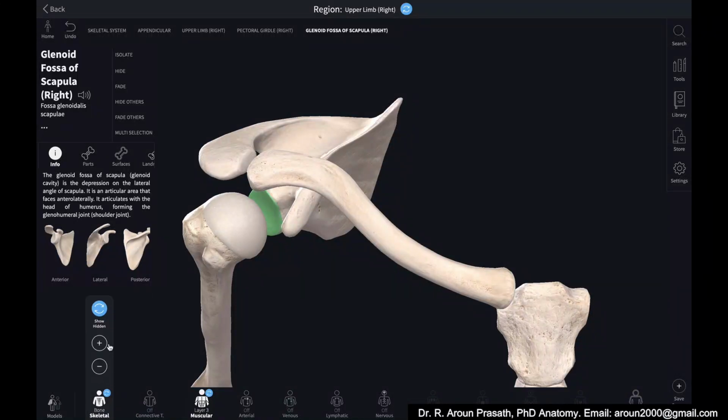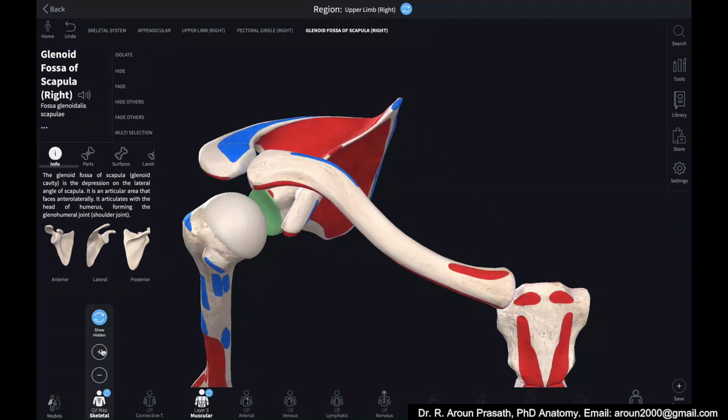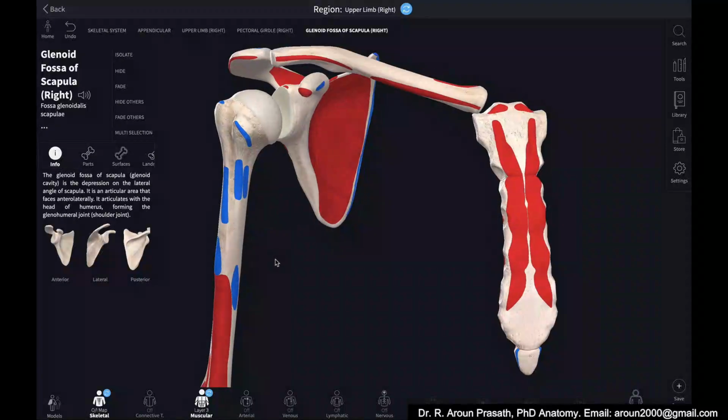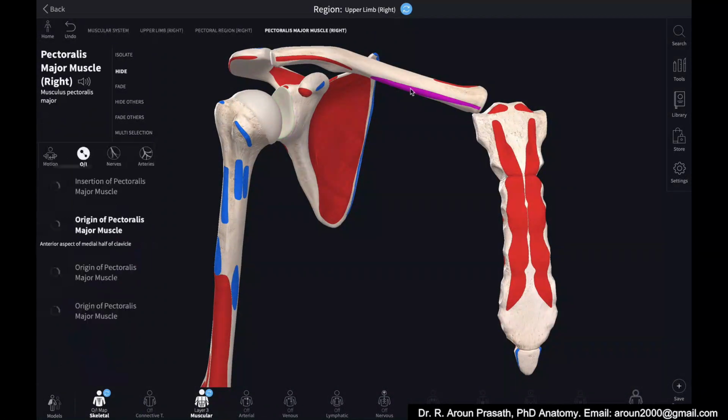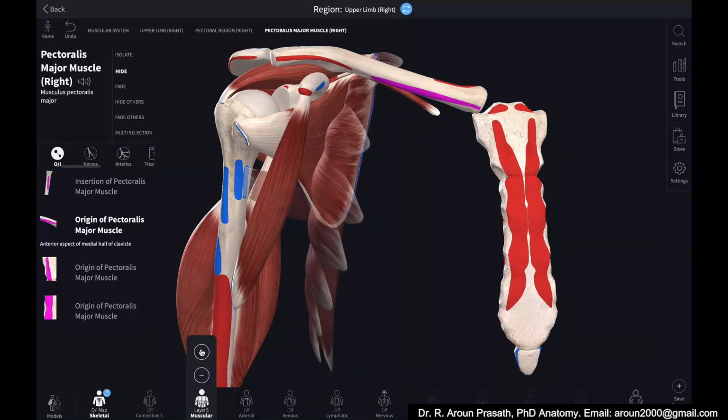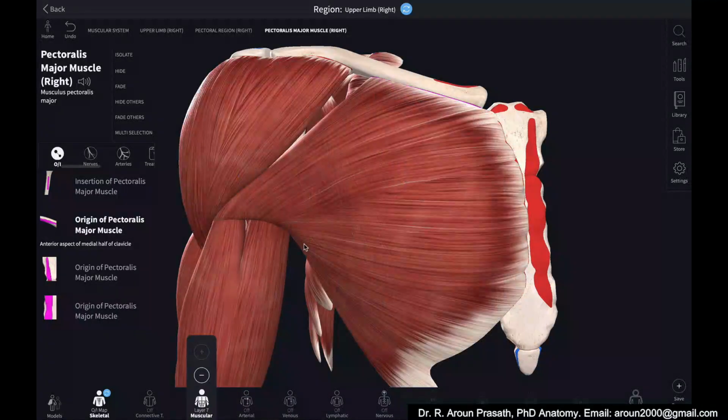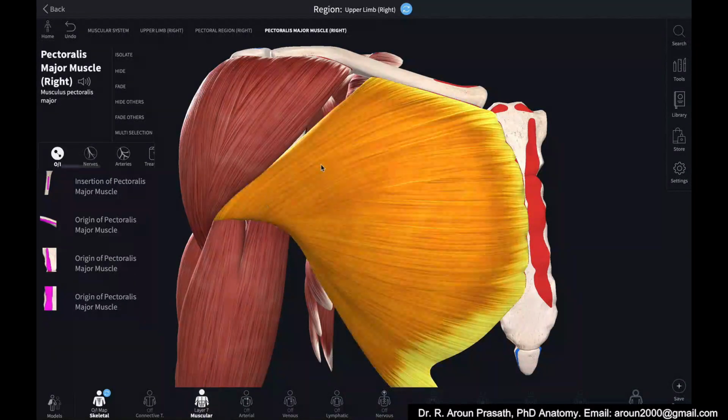If you look at the muscle attachments to the clavicle, this origin point is the pectoralis major. The pectoralis major touches the sternum as well as the clavicle.